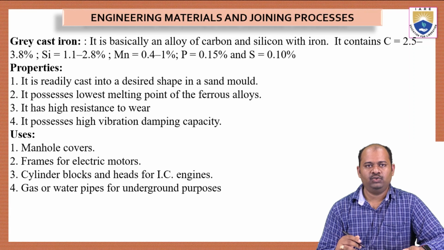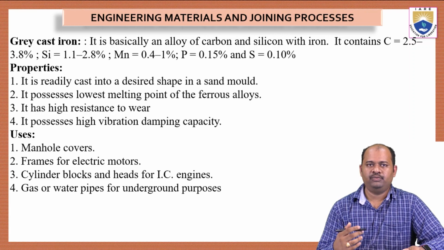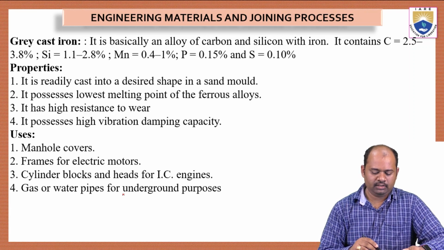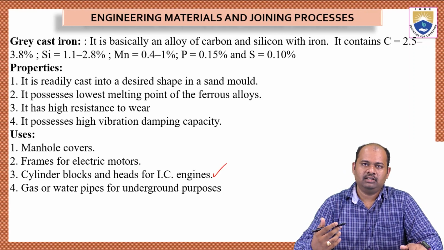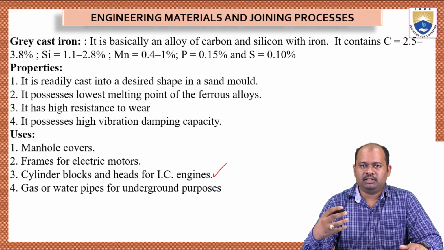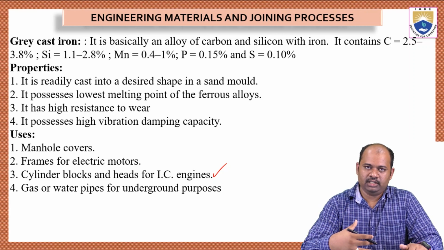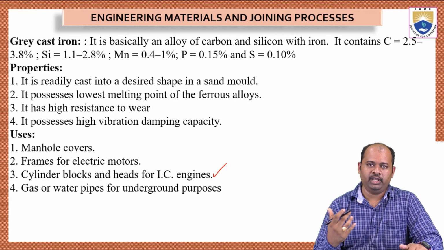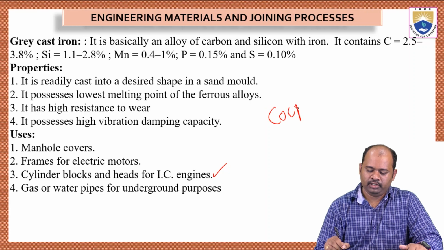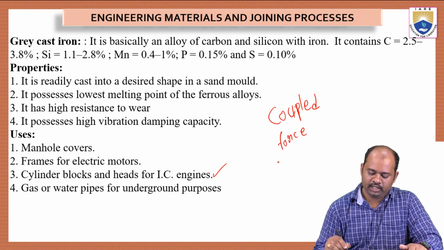And then these are used to prepare frames for electric motors, and mostly in IC engines they are used. In IC engines, the metal parts are made up of this grey cast iron, where they have to undergo coupled loading. That means they have to undergo both force and heating.